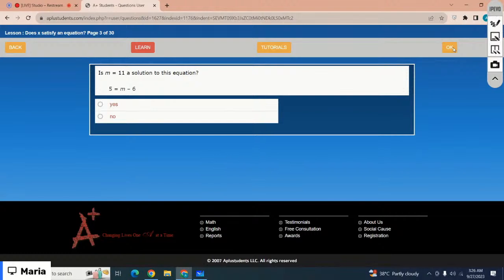Yes, it is. 11 minus 6 is 5. So both sides are exactly equal. That means m equals 11 is the solution of the equation, right?